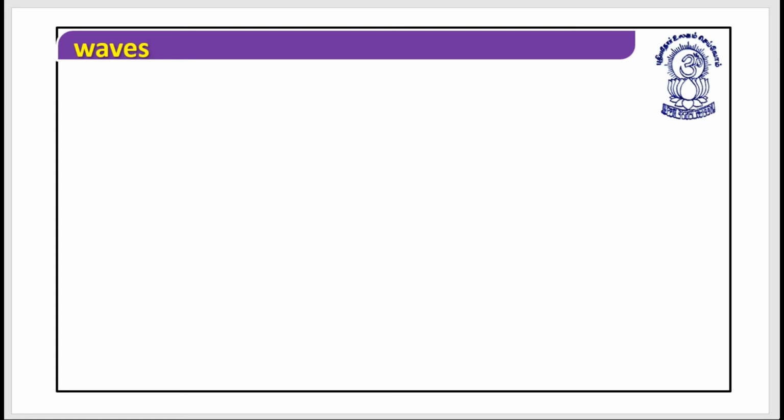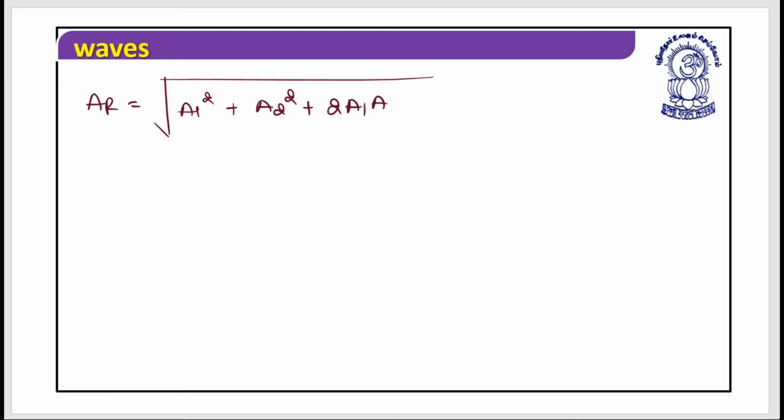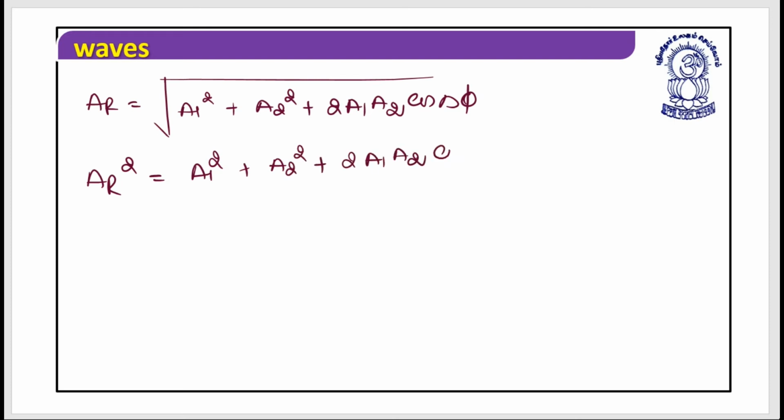So how can this amplitude AR be written? AR would be equal to the root of A1 square plus A2 square plus 2A1 A2 cos of delta phi. From this I can write AR square equals A1 square plus A2 square plus 2A1 A2 cos delta phi.